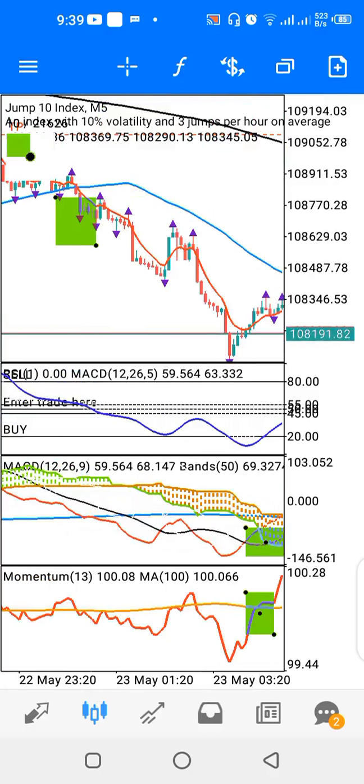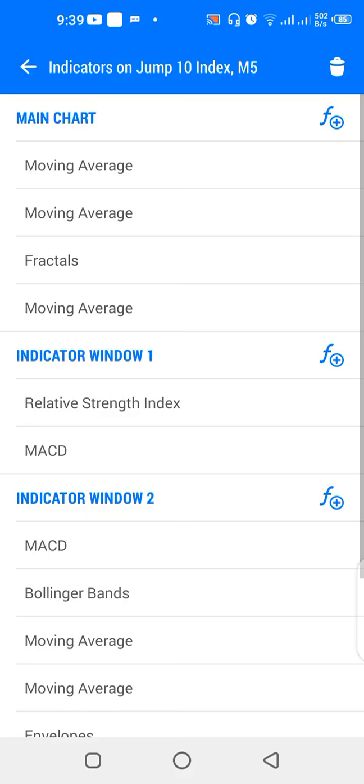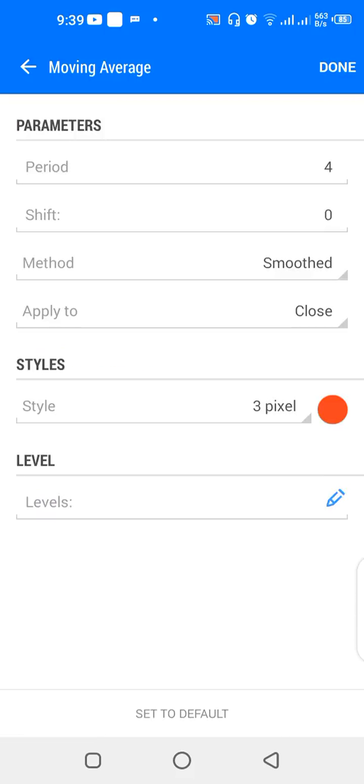So you only wait for the red line to cross down on the blue. The red line, I mean the 4 period smoothed moving average. Okay, that's that for the main chart.